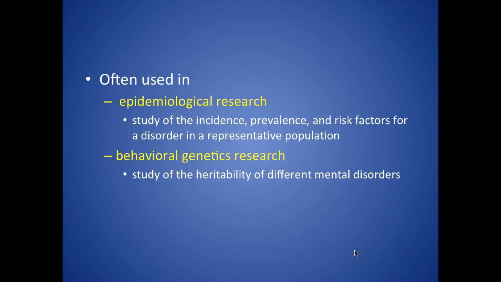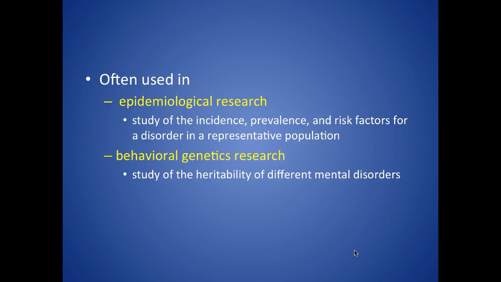It turns out for some of the major mental disorders, there is a correlation. For schizophrenia, the correlation is about 0.5. For example, if you're identical twins, you have the concordance rate: if one has schizophrenia, the other identical twin is about 50% likely to also have the disorder or to develop it.